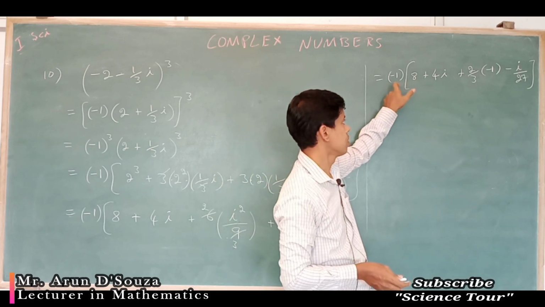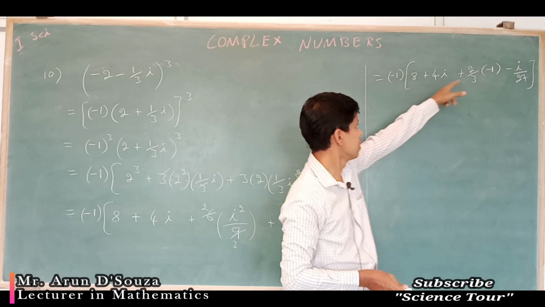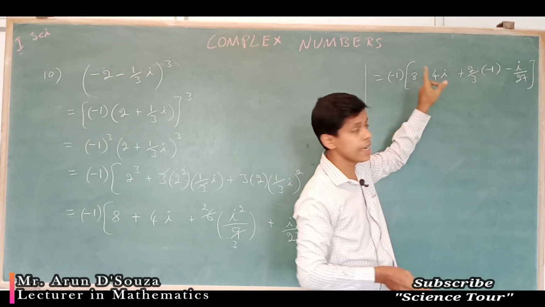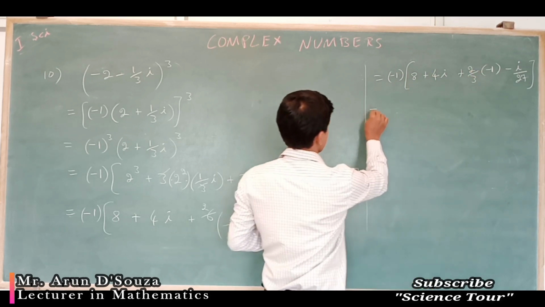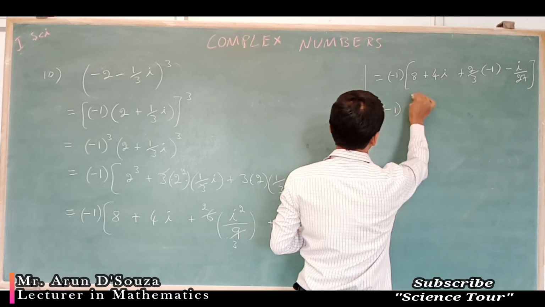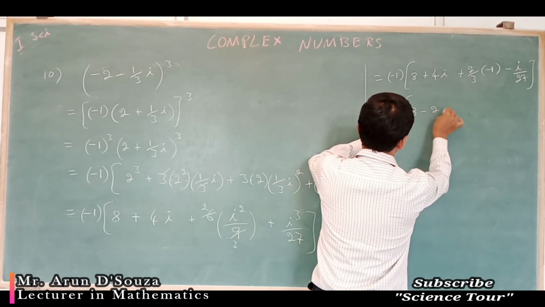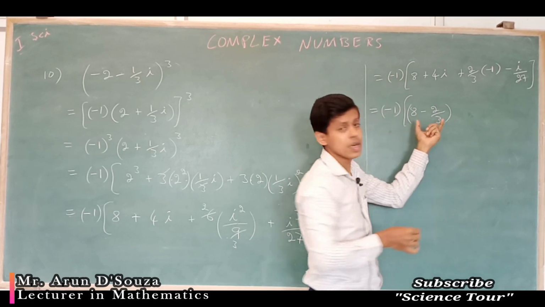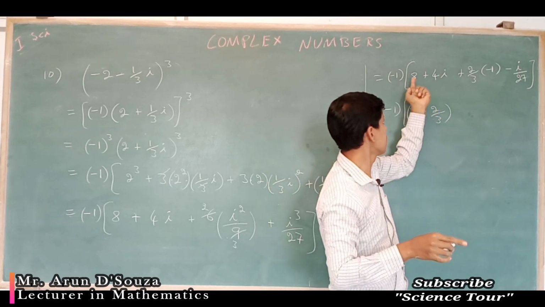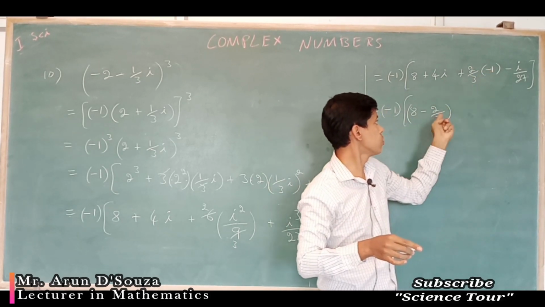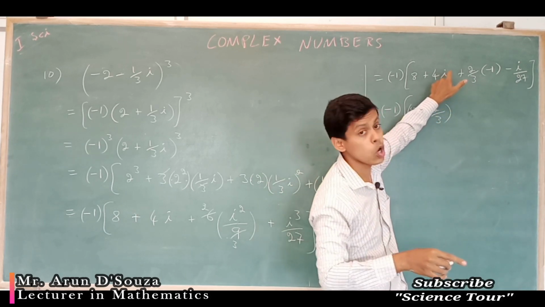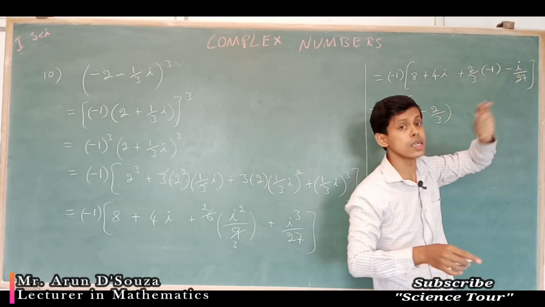Well, next, what do you have? What you have is minus 2 by 3 and 8 must be written together. So you know the real part of the complex number is 8 and minus 2 by 3. Now you have got i here and i here also.